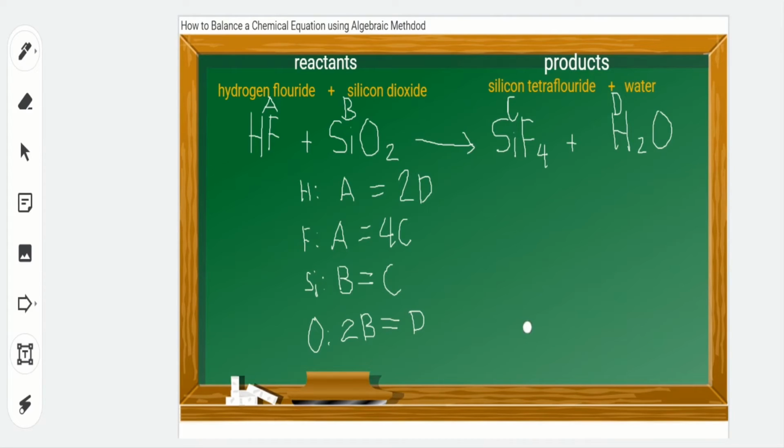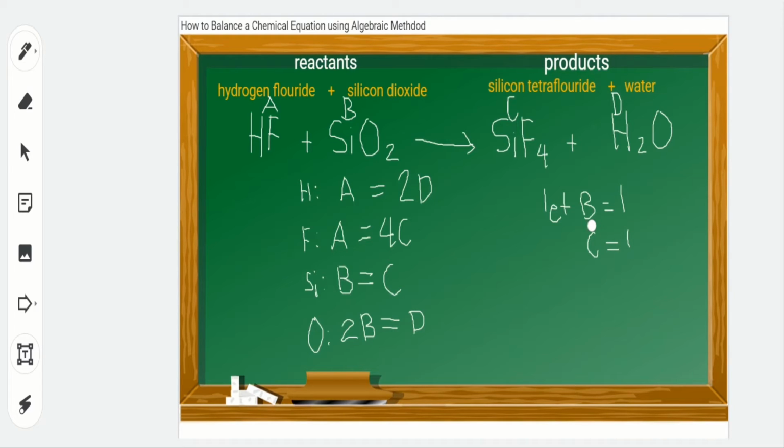We can say, let B be equal to 1. So, kung si B is equal to 1, ibig sabihin, si C is equal to 1. Since B is equal to C, then C is equal to 1 also.